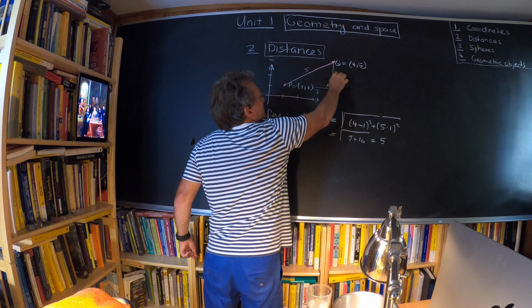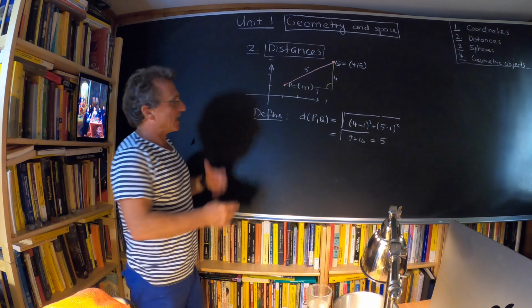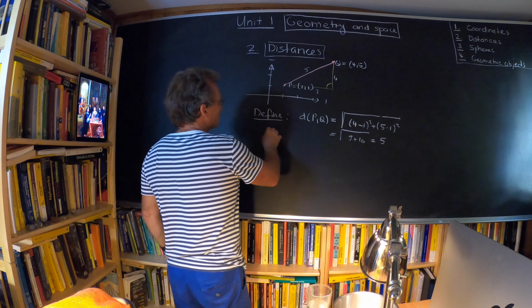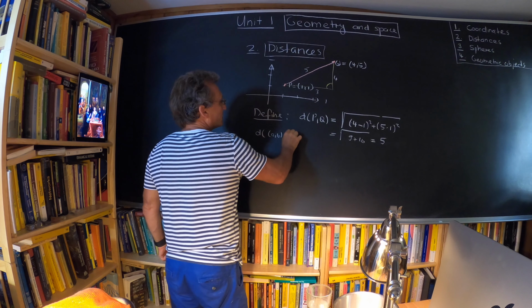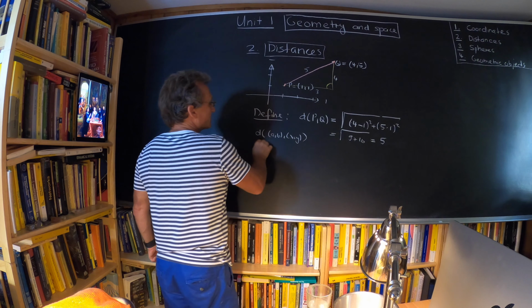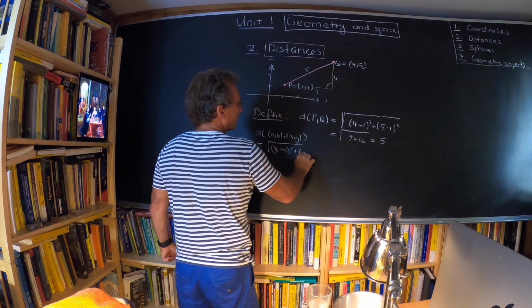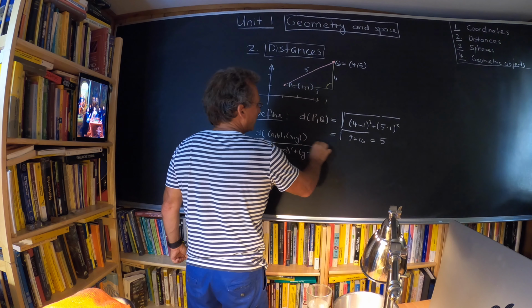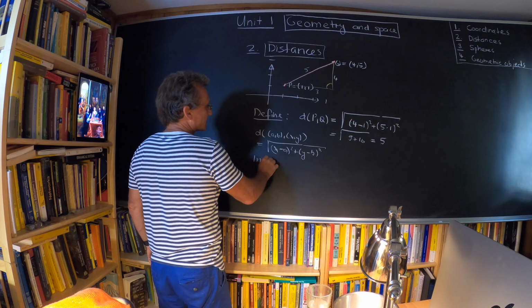That's one of these famous 3, 4, 5 triangles. But we take this as a definition of the distance between 2 points in general. So for (a, b) and (x, y), we would define it as the square root of (x minus a) squared plus (y minus b) squared.